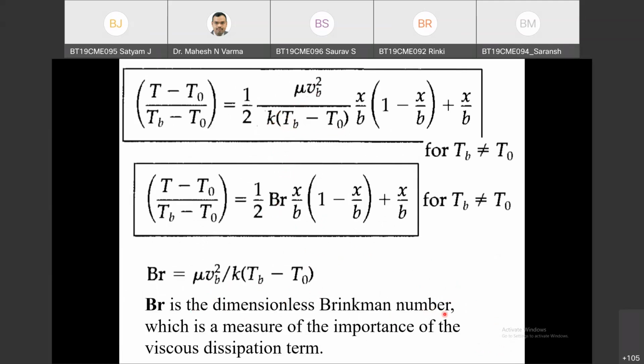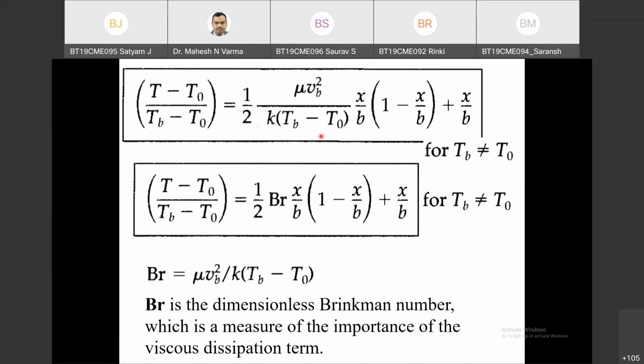The Brinkman number is dimensionless, which is the measure of the importance of the viscous dissipation term. It is a ratio of how much heat is generated because of viscous dissipation and how much heat is transported because of conduction.